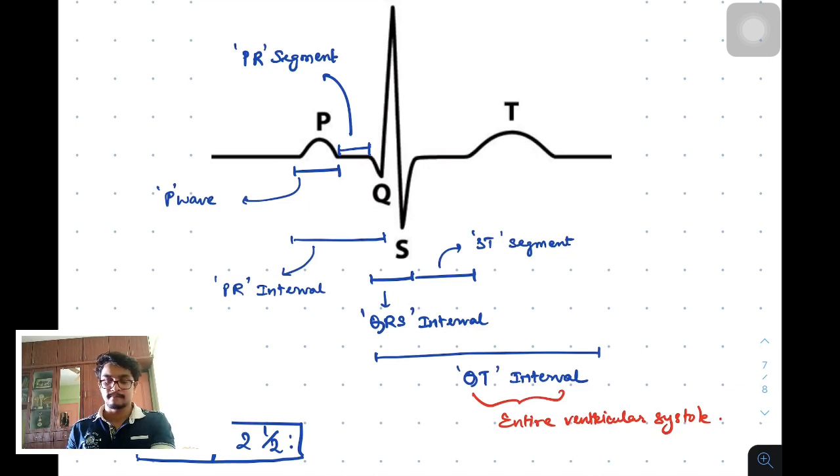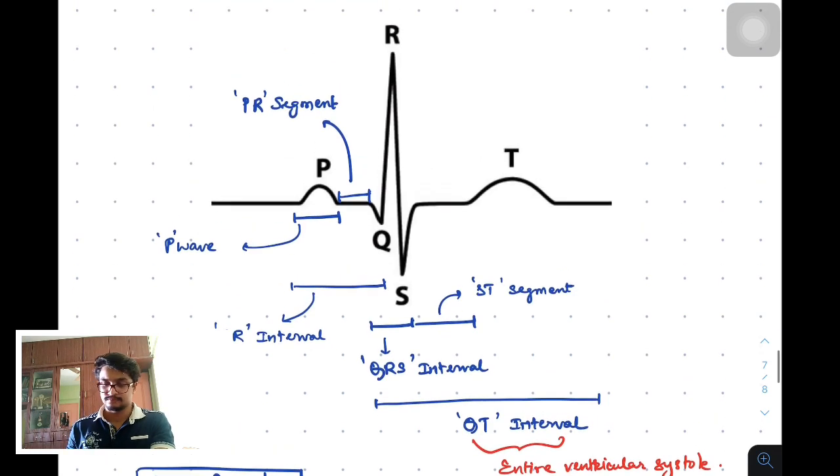So we have a P wave, and then between the end of the P wave and the start of the Q wave, we have the PR segment. The PR segment is the isoelectric line denoting AV nodal silence. When you combine the P wave and PR segment, we get the PR interval, that is, from the start of the P wave to the start of the Q wave.